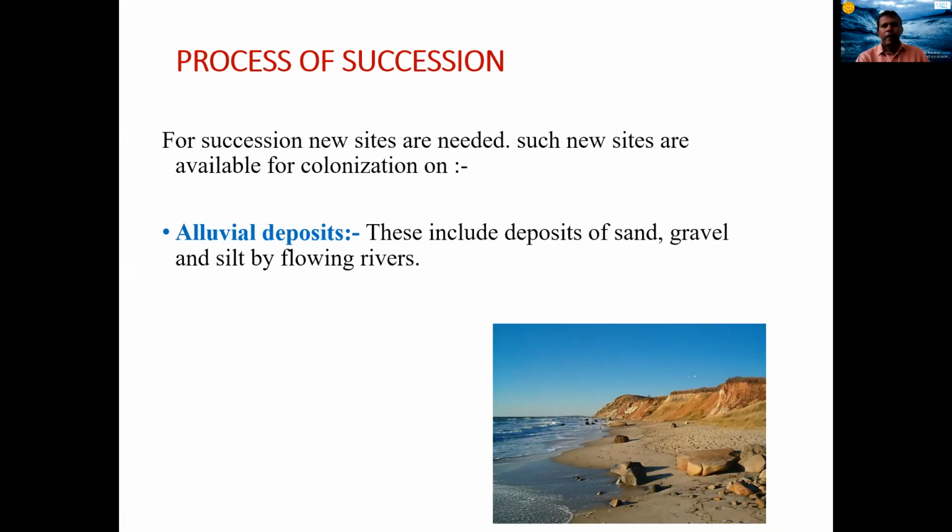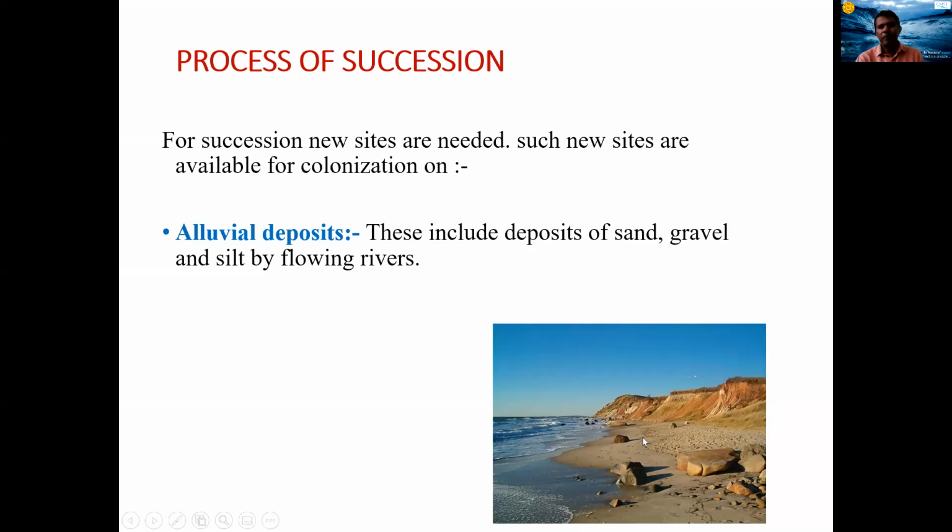So where can we get primary succession, in which kind of places? One example is alluvial deposits. That's any sediment coming from the rivers. They deposit maybe close to the beach or the estuary areas, and if new sediments deposit in an area, that becomes a new habitat.